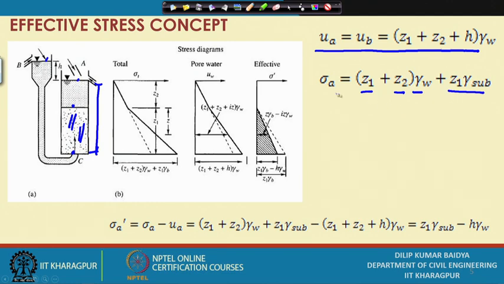So, sigma A is this and U A is this. Now, sigma A dash is again sigma A minus U A. If I do this, you can see Z 1 plus Z 2 gamma W plus Z 1 gamma submerged minus Z 1 plus Z 2 plus H gamma W. So, this becomes Z 1 gamma submerged minus H gamma W.